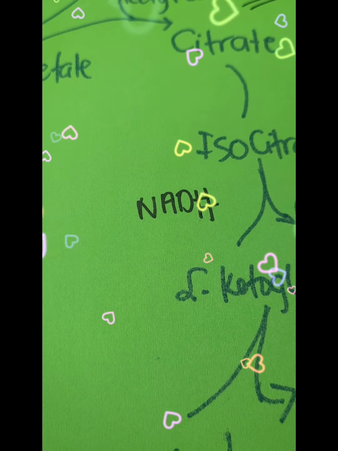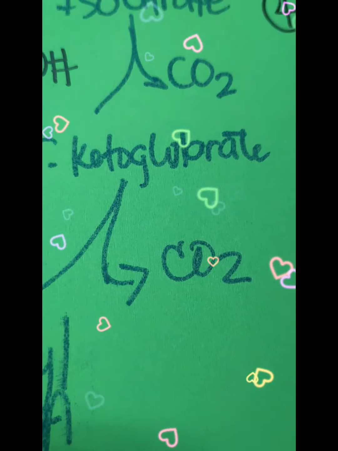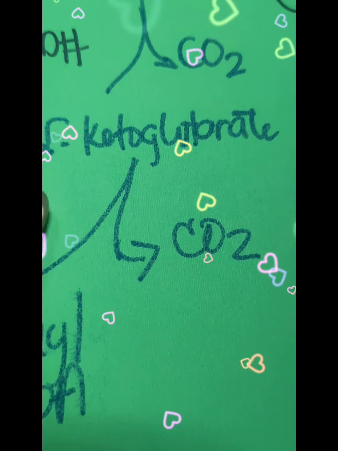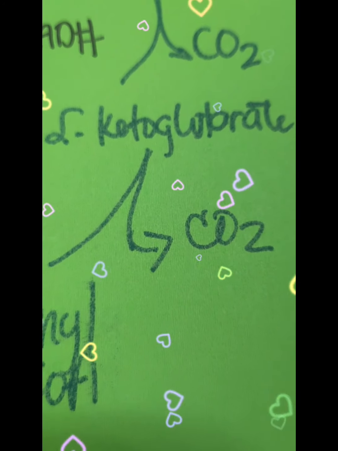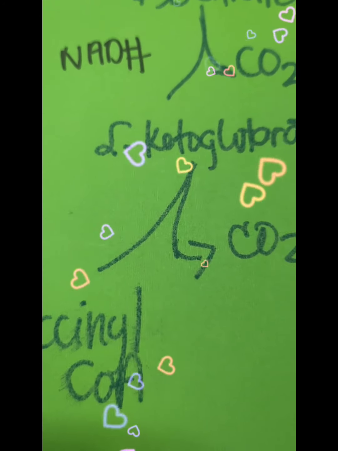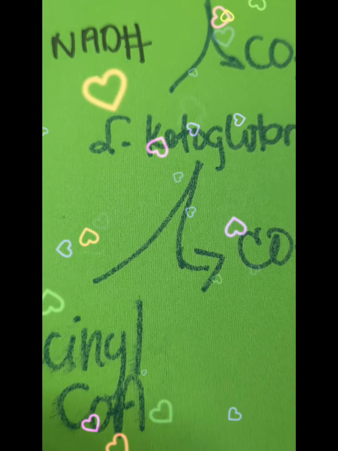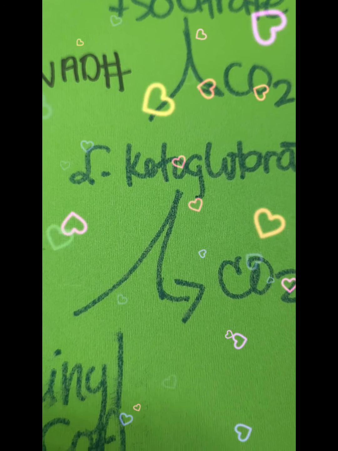Okay? After the production of alpha ketoglutarate, there will be oxidative decarboxylation of the alpha ketoglutarate producing succinyl-CoA. So this is the second release of your carbon dioxide. Dun po sa succinyl-CoA, so what enzyme catalyzes the reaction? It is the alpha ketoglutarate dehydrogenase complex.